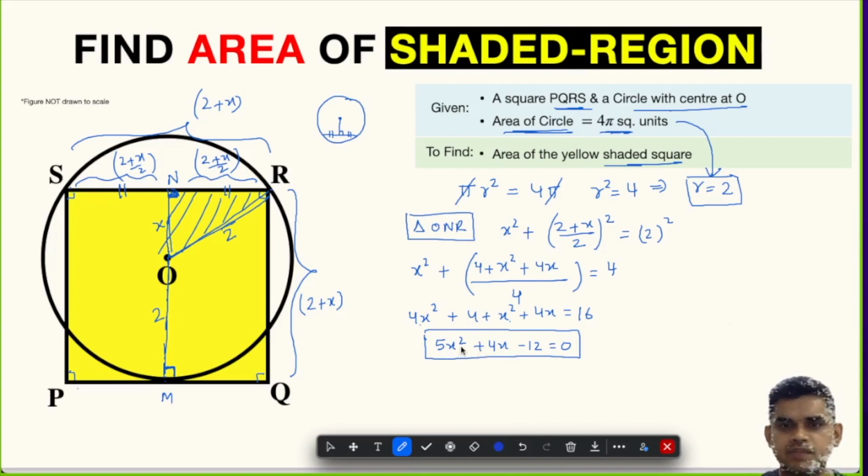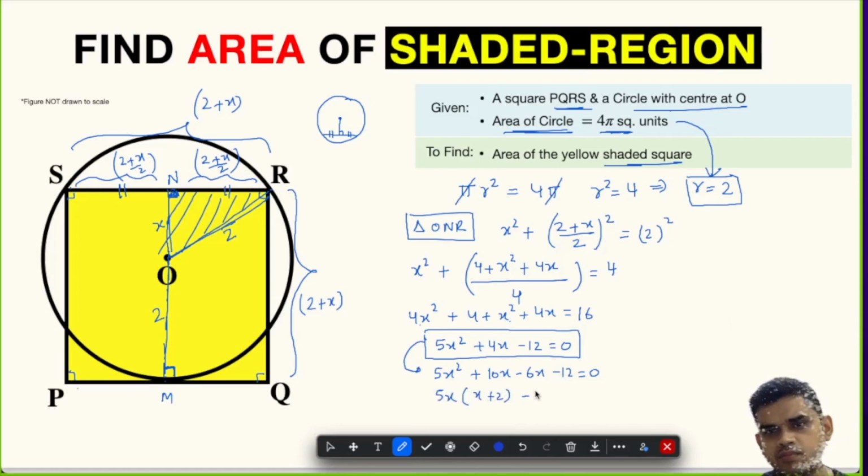We can use splitting the middle term here. So this will be 5x squared plus 10x minus 6x minus 12 is equal to 0. This is splitting the middle term. We can take 5x common, so this is x plus 2, minus 6 common, x plus 2 is equal to 0.